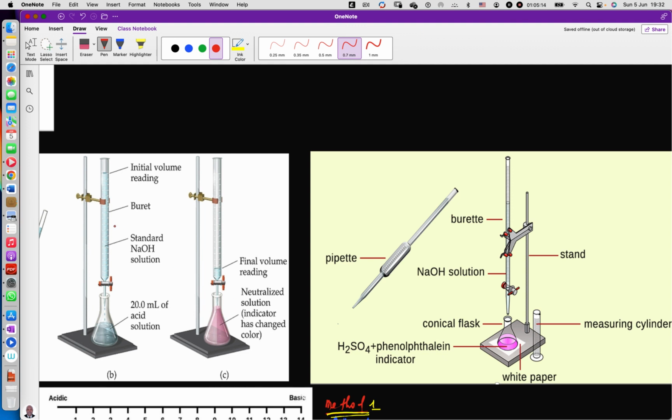We call it the burette. Equipment P is called the burette.